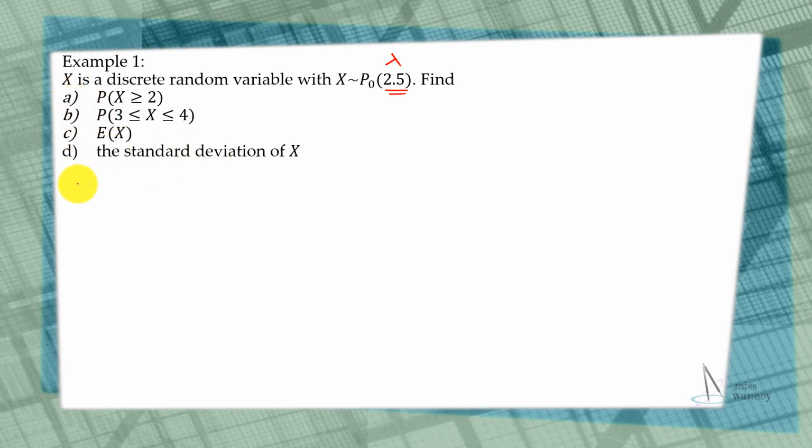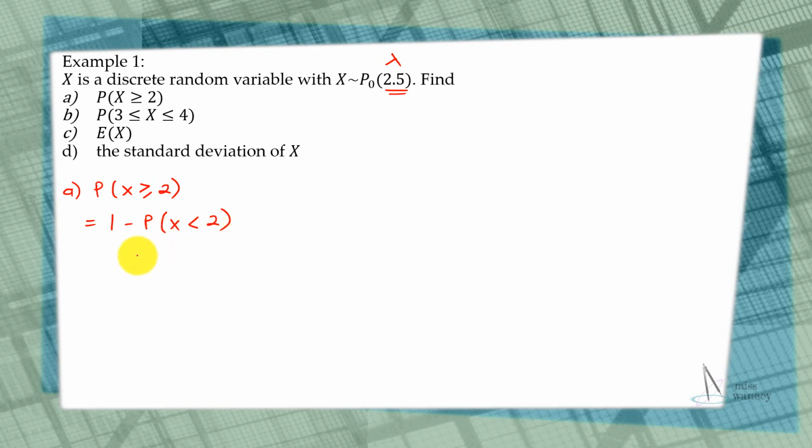Okay, so let me calculate A first. The probability for x greater than or equal to 2. So this one you can actually use your table straight away, or since I don't have my table, let me use the calculation then. So x greater than or equal to 2 is simply 1 minus probability of x less than 2. Okay, so this is easier for me to calculate.